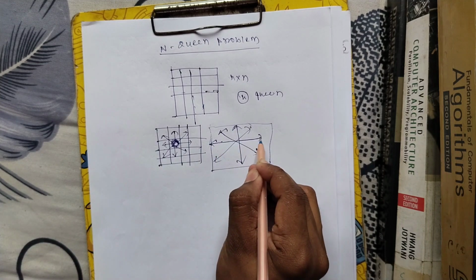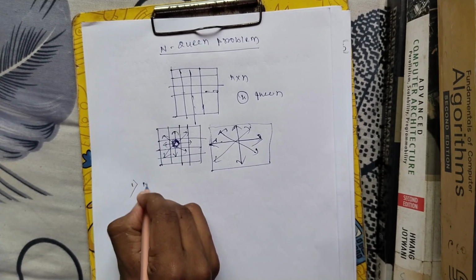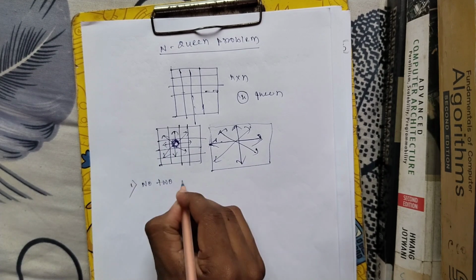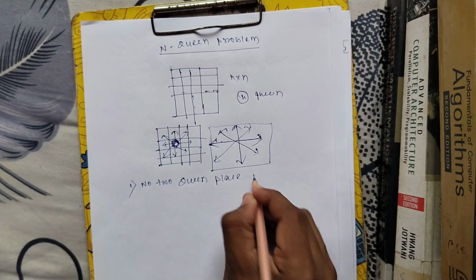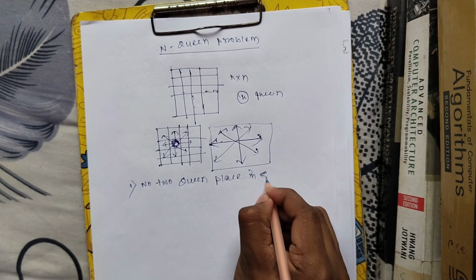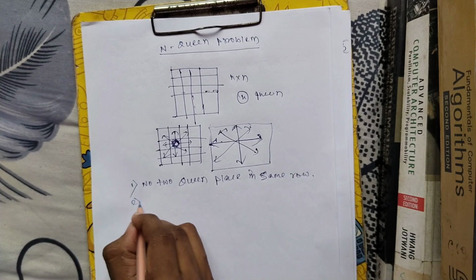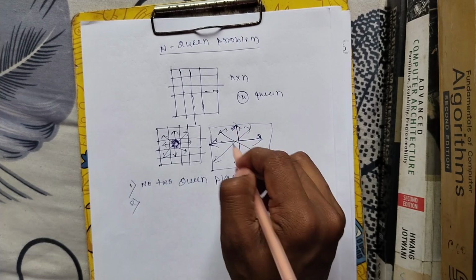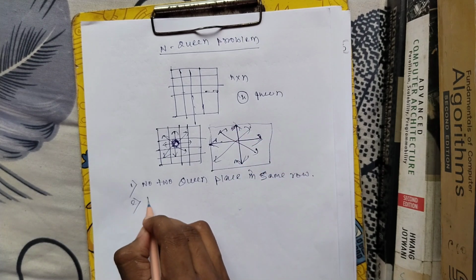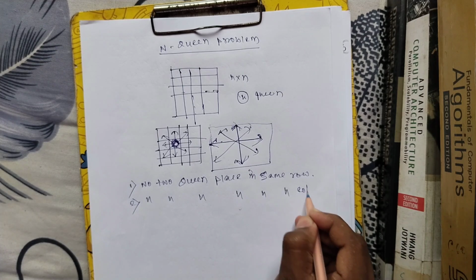This queen attacks along this line, so we say that no two queens are placed in the same row. Next, this queen attacks in this direction, so no two queens are placed in the same column.